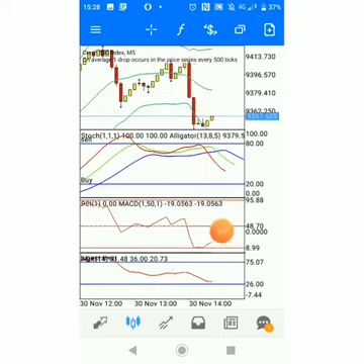Now take note of this 48.70. Most times it might not get to the overbought level of 95.88 before it will spike down again to this level. That's why I said whenever it's at this line, you should stay off the market. It might spike or it might cross over.